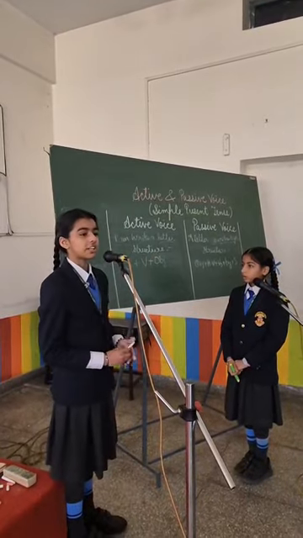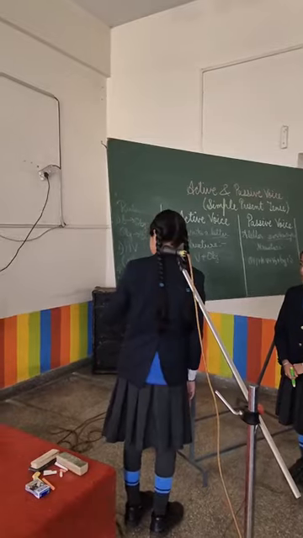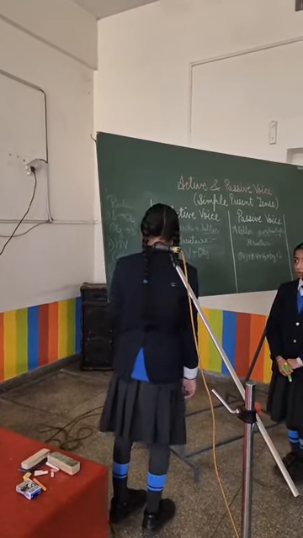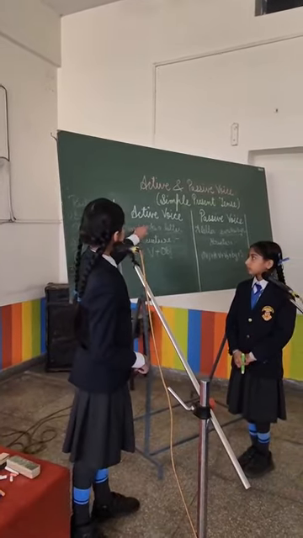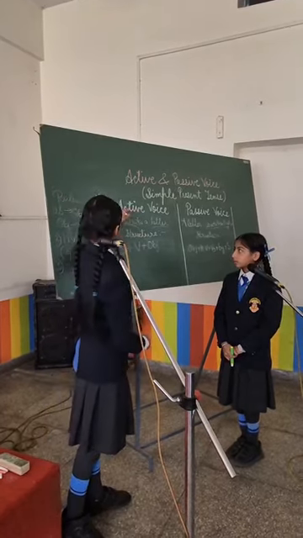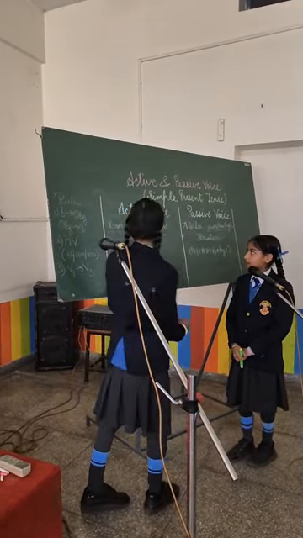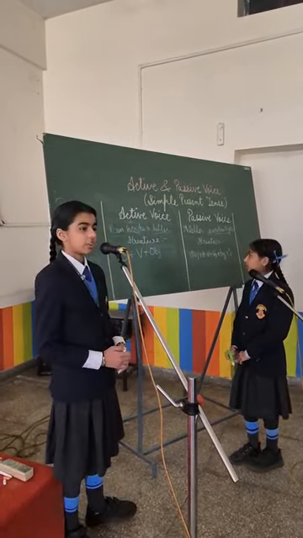The third basic rule is verb's first form changes into verb's third form. You can see in the active voice sentence, writes is the first form of verb and in the second sentence, written is the third form of verb.